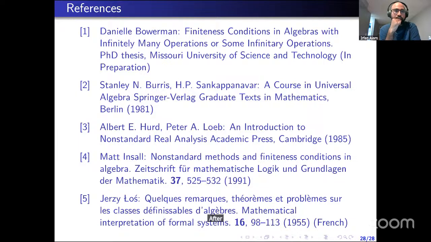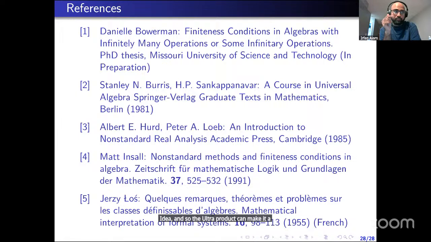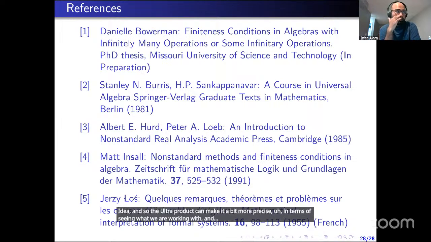After looking at Robinson's work, he came up with the idea that what he is doing using the compactness theorem is essentially just the ultraproduct idea, and so the ultraproduct can make it a bit more precise in terms of seeing what we are working with. And so I think that became the more mainstream way of doing non-standard analysis using ultraproducts.